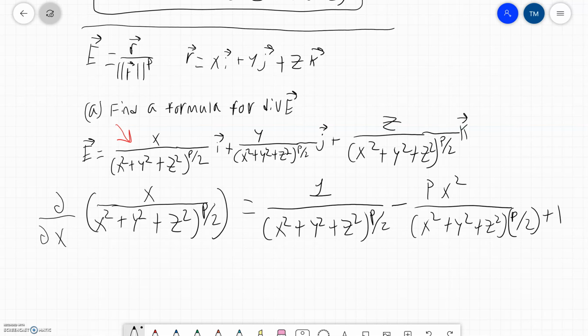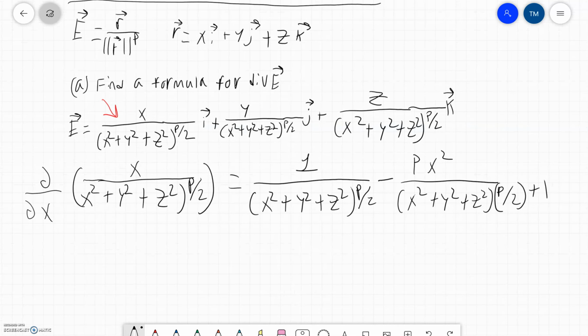And the same thing will follow suit for the partial derivative with respect to y and z.